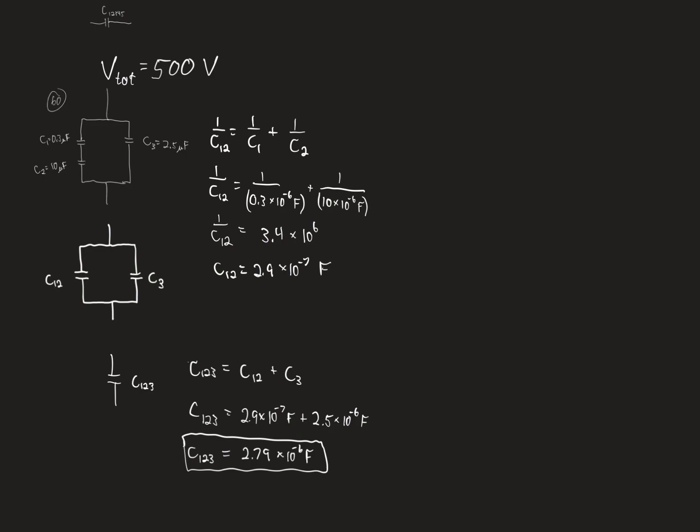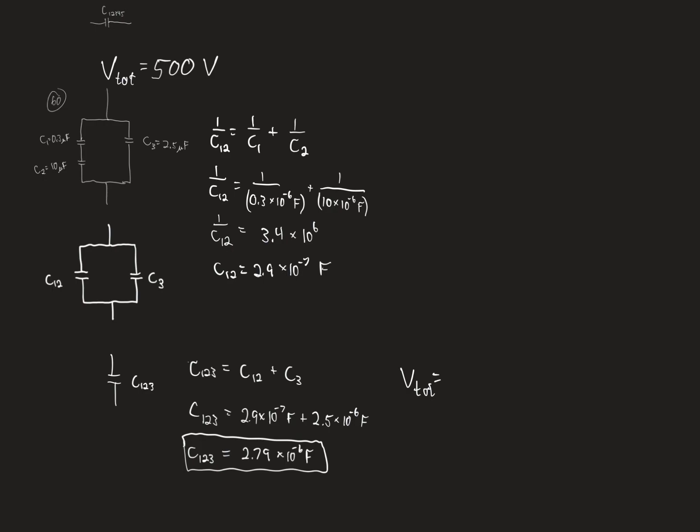In that part of the problem, I also need to know what's the total voltage. Three things I need to know. Capacitance and what else? Charge and voltage. Q, V, and C.